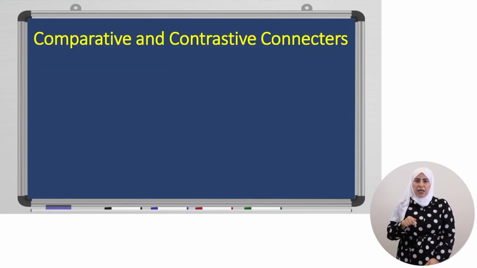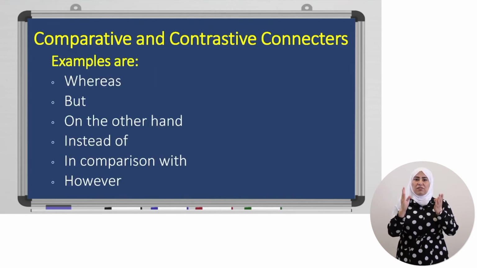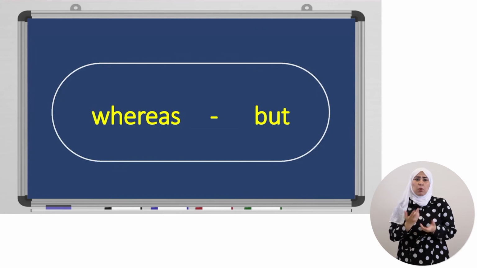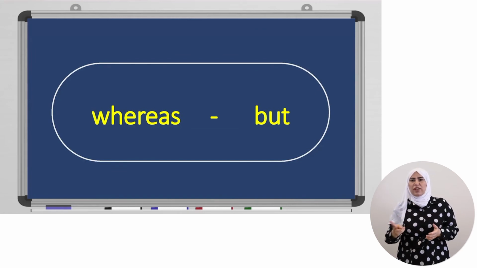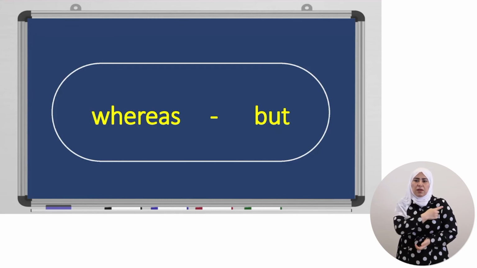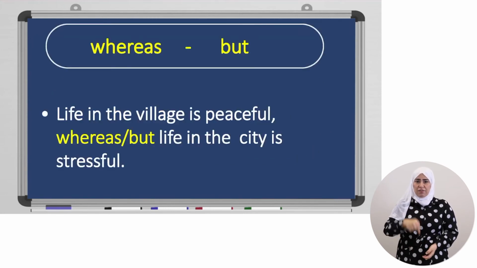Very simple. Now, some examples of comparative and contrastive connectors are here on the screen for you. We're going to take them one by one. Let's start with whereas and but. When we use whereas and but, usually we give one thing, and then we show how it's different. For example, life in the village is peaceful, so I'm showing it's peaceful.